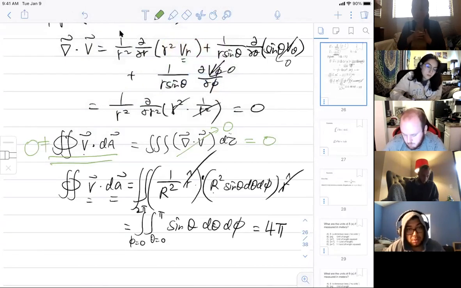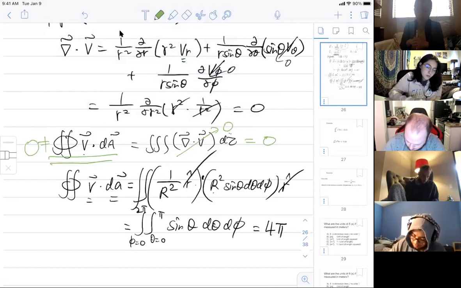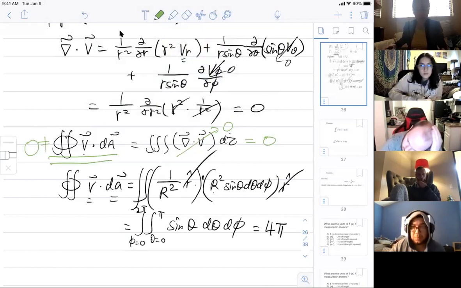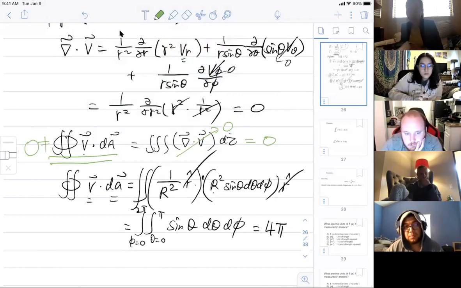Is there something wrong with the divergence theorem, or is there something wrong with the calculation we did? So this is the paradox. How do we resolve the paradox? First of all, I want to ask, would anybody care to share their thoughts on where the paradox comes from, where the problem arises? What do you think?